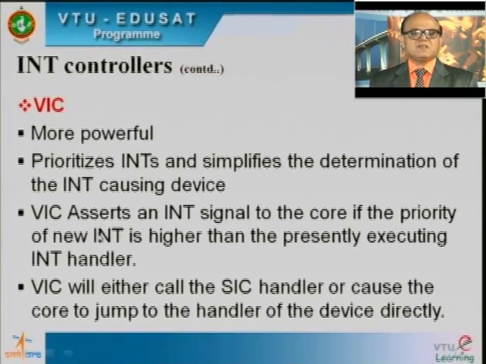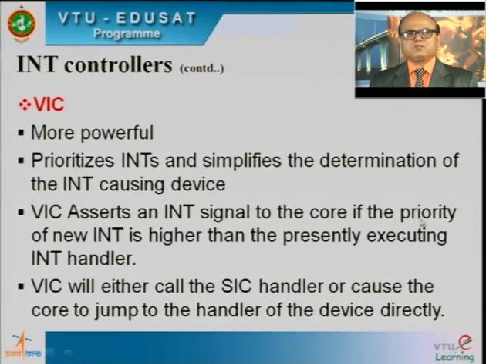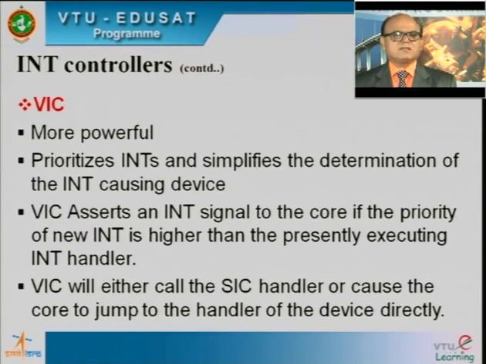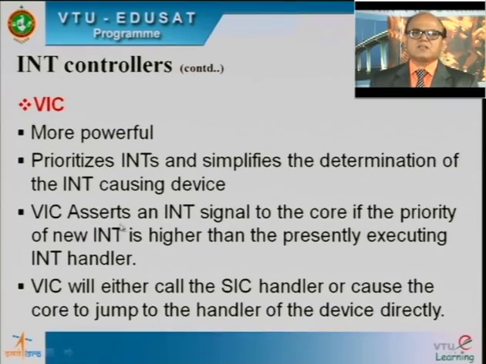The VIC only asserts an interrupt signal to the core if the priority of the new interrupt is higher than the presently executing interrupt handler. That means if a new interrupt comes and its priority is higher than the presently executing interrupt handler, then the VIC has to assert this and change the interrupt handler to proceed.